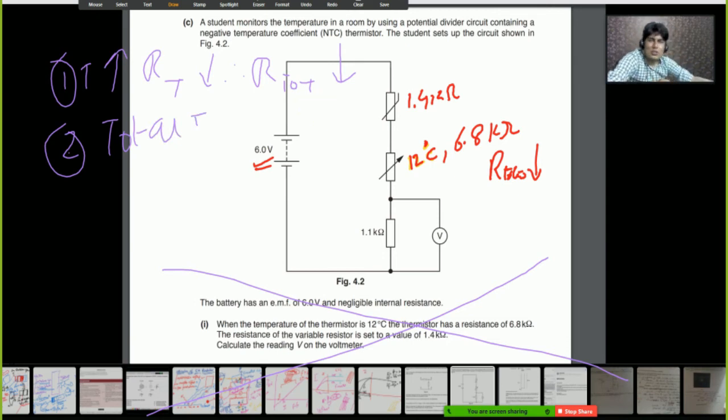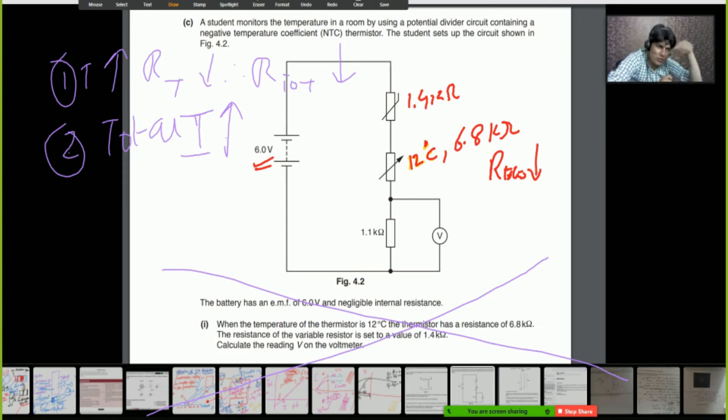No, no, no. Don't write total current. Just write the current will get increased. Why are you using total current in that case? In a parallel connection, current is divided.